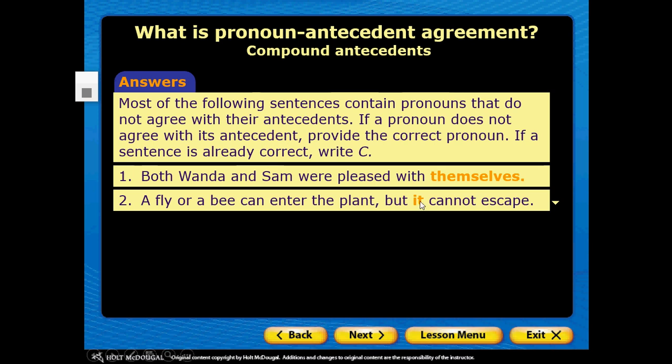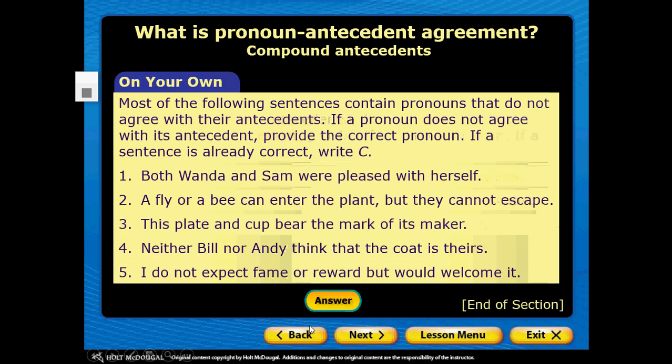Okay? Let's go back up. This plate and cup bear the mark of its maker. Because we're using and, we're joining, they're similar. This plate and cup. So, we're going to say it's not singular, it's plural.